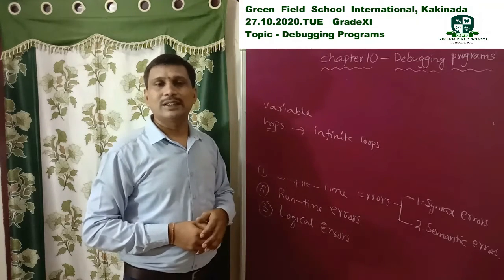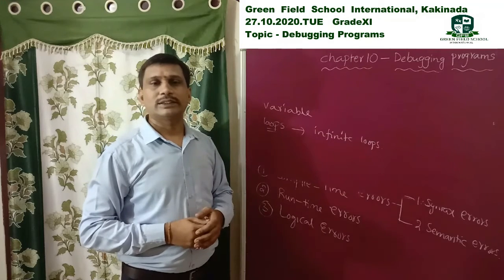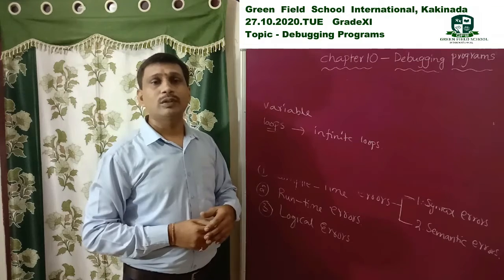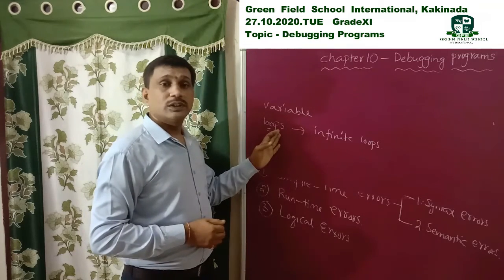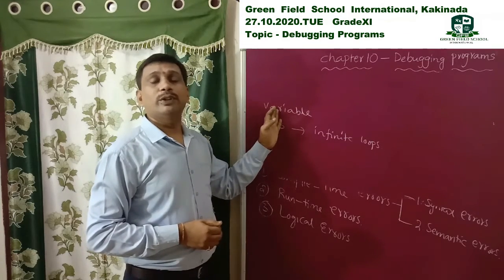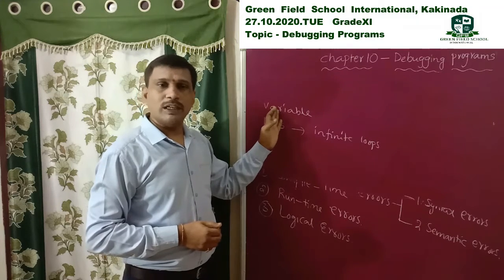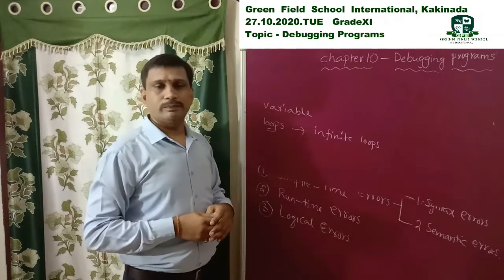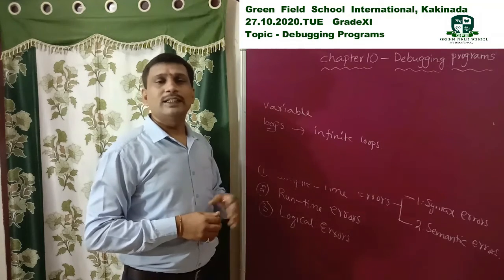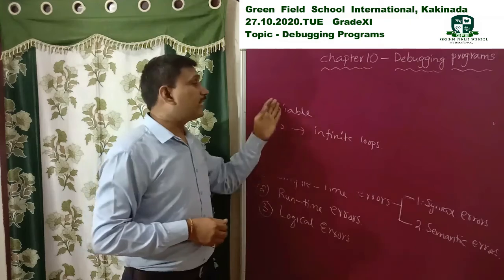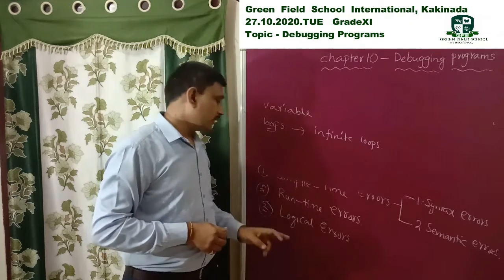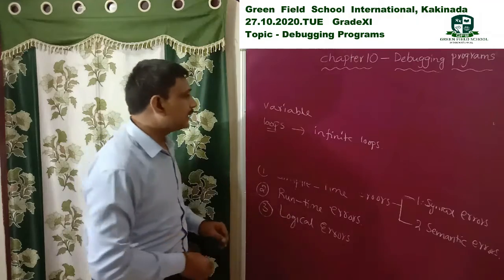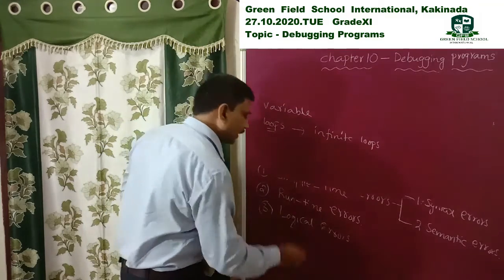These errors create problems when you are executing or running the program. So infinite loops, using variables without defining them, and supplying a different data type for the given input come under the types of runtime errors.